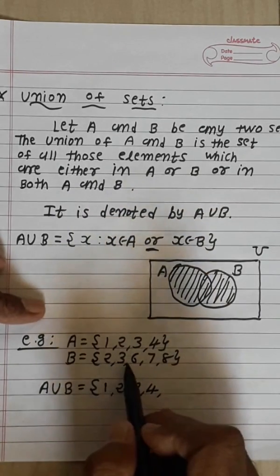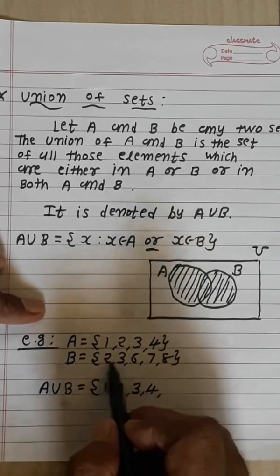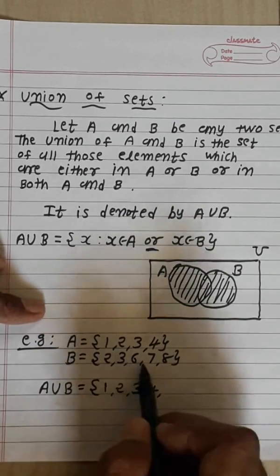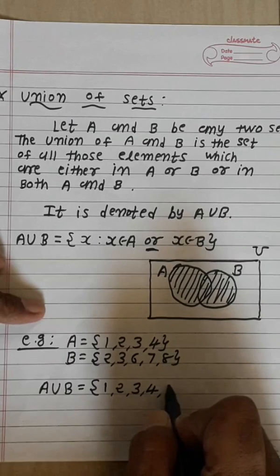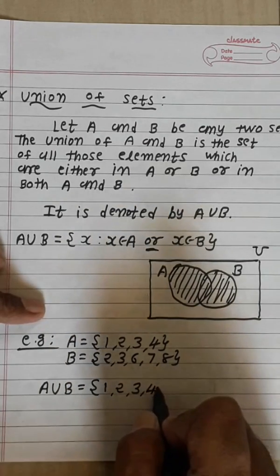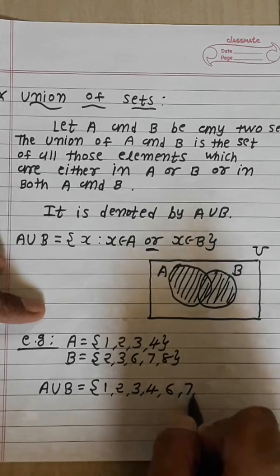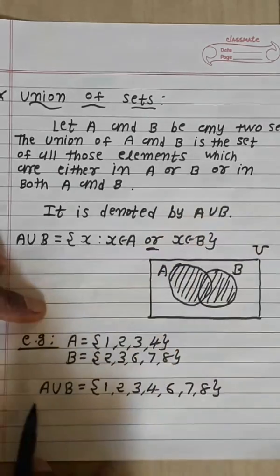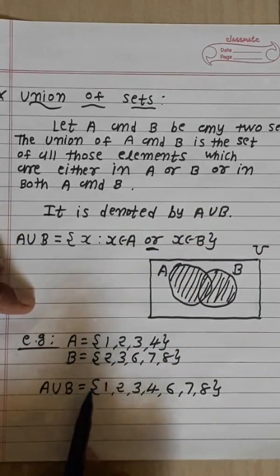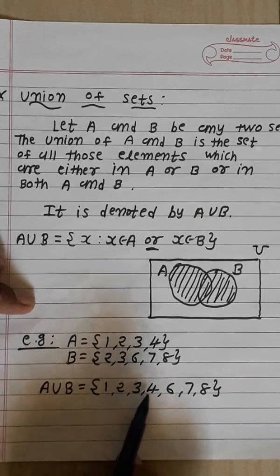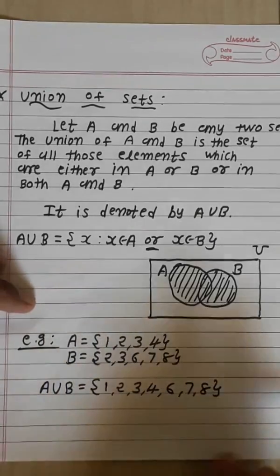Now here 2 and 3 are repeated, but we cannot write them again. So now we write the remaining elements of set B. So A union B is equal to 1, 2, 3, 4, 6, 7, 8.